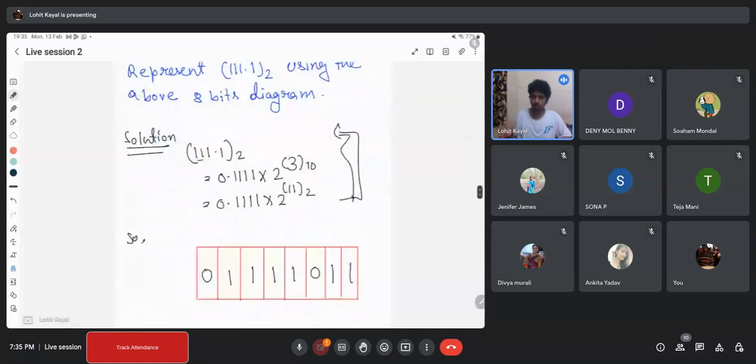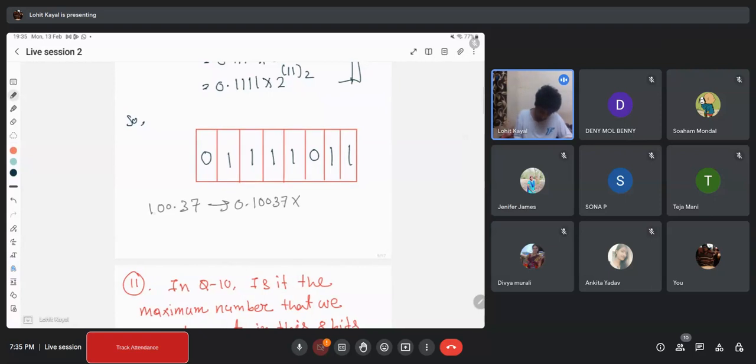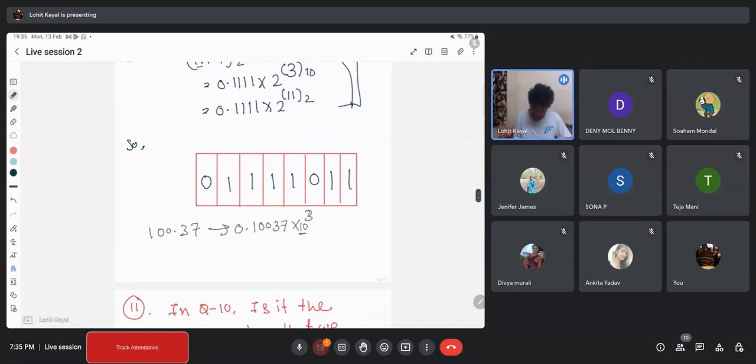In case of a normal decimal number, say 100.37, how do we represent it in normalized form? It will be 0.10037 into 10 to the power 3.